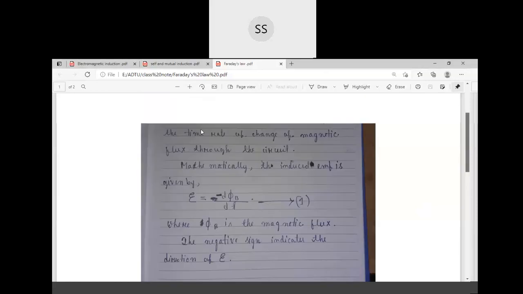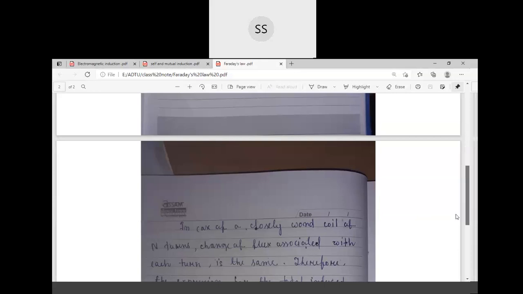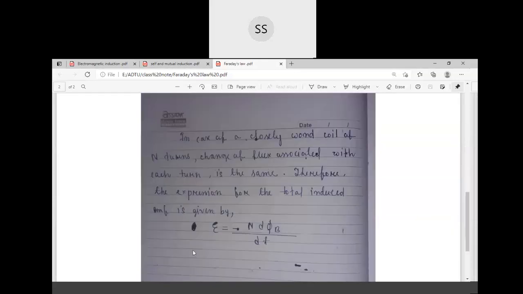Okay, so this equation is true when there is only one turn in the electrical coil. If there is n number of turns in the coil, then the equation changes to this. We just multiply the number of turns in that first equation.